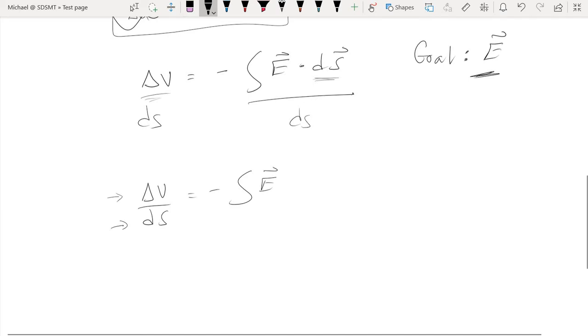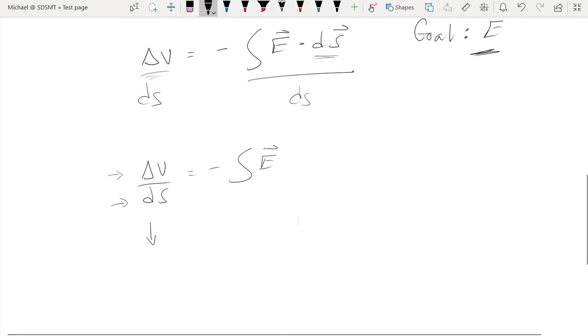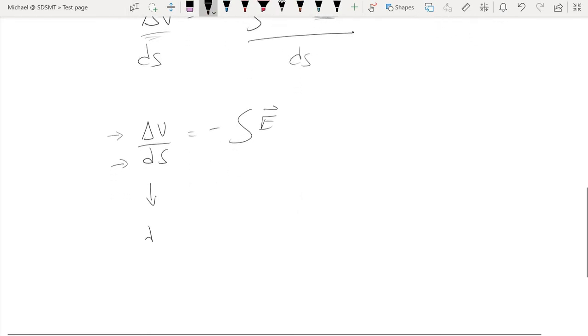Up here, the delta implies all of the change. So we're going to update this to say that we're going to look at the infinitesimal change of our electric potential with respect to position.